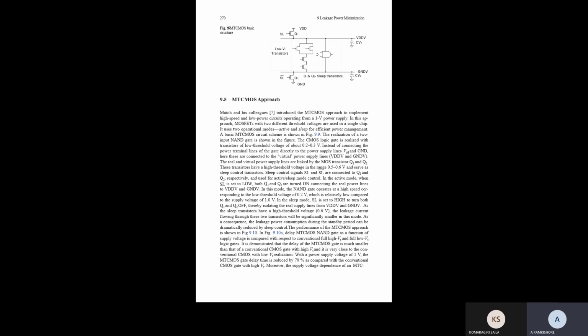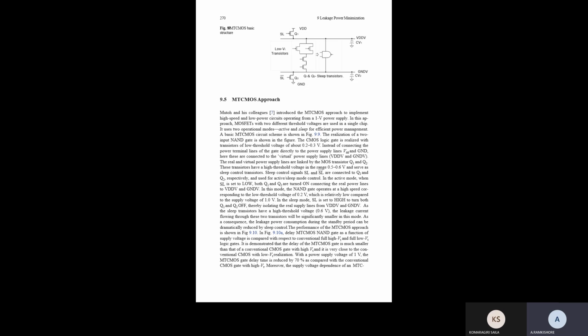When SL is set to low, both Q1 and Q2 are turned on, connecting the real power lines to VDDV and ground V. In this mode, the NAND gate operates at a high speed corresponding to the lower threshold voltage of 0.2 volts, which is relatively low compared to the supply voltage of 1.1 volt.